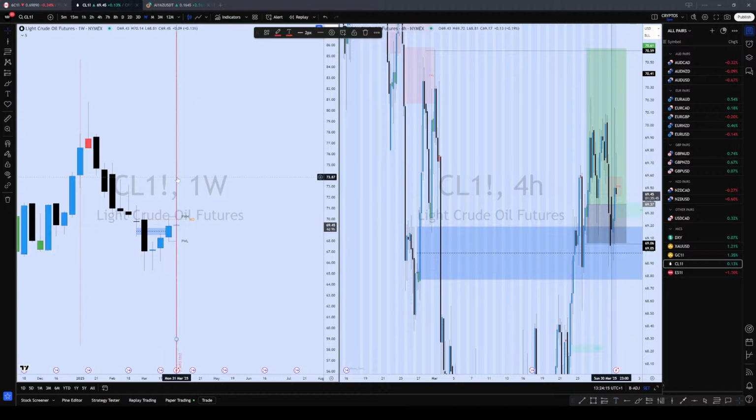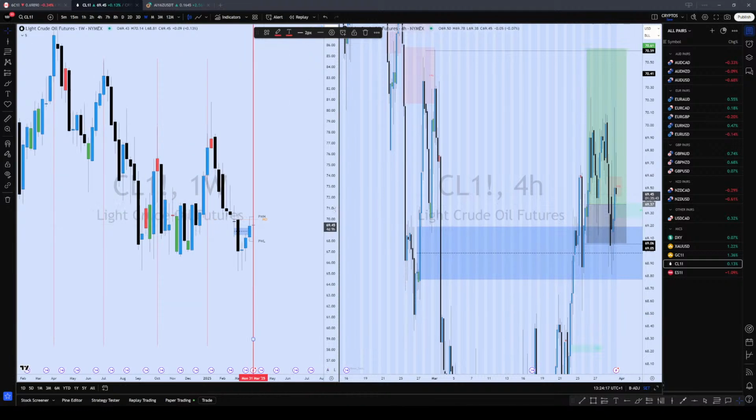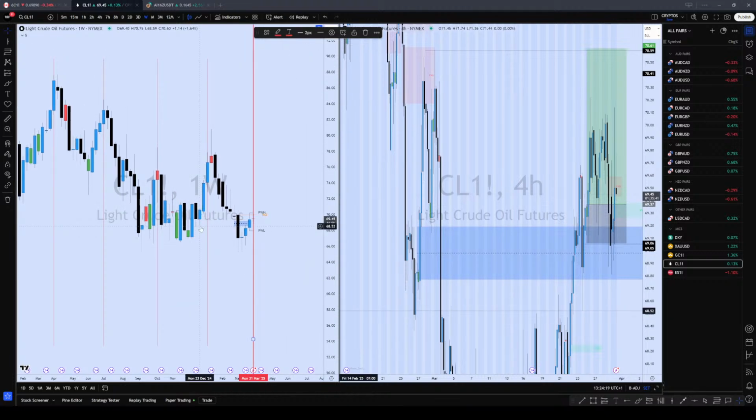this line. Okay, we're going to have that line. What does that line represent? It represents the quarter, the 3 months. So after today, we'll have one line showing the end of the quarter, which is a 3 months candle.